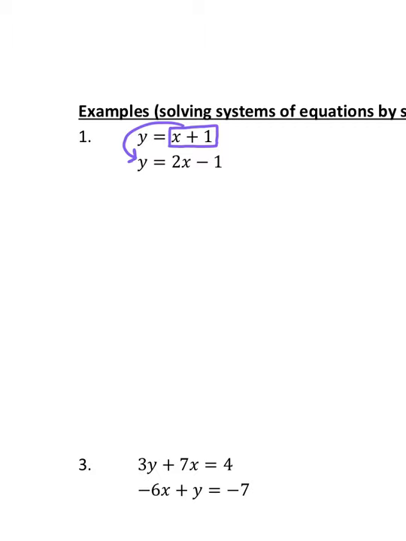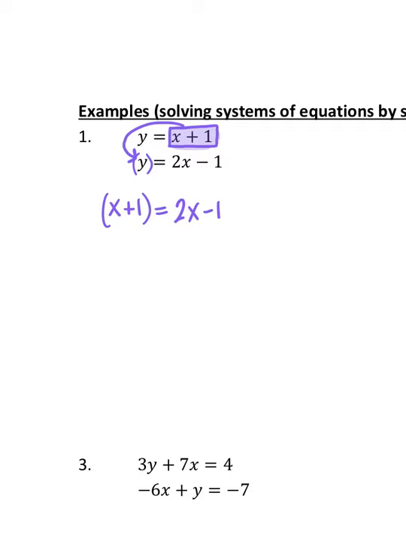So in this case, we're going to rewrite this to say x plus 1, which is y, equals 2x minus 1. So I just took the information from my first equation, because y was already ready to go, and I just plugged it in for y in my second equation.